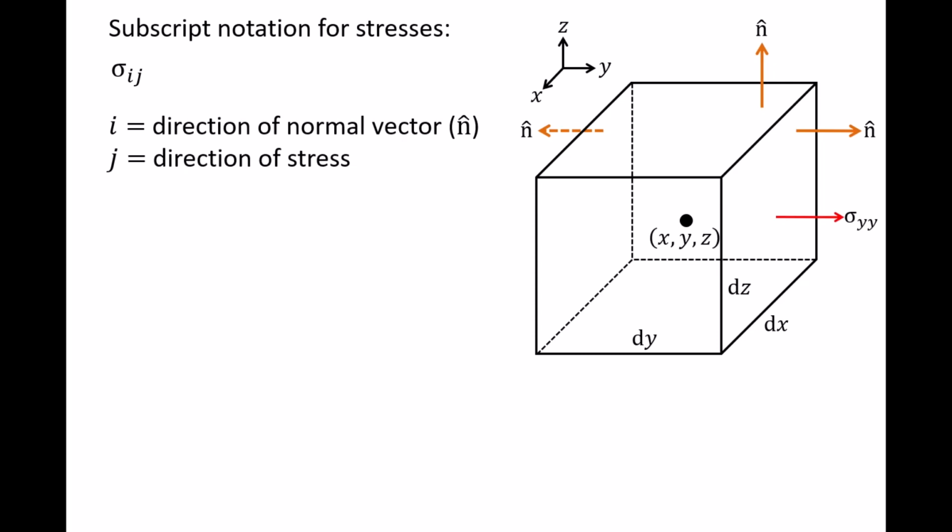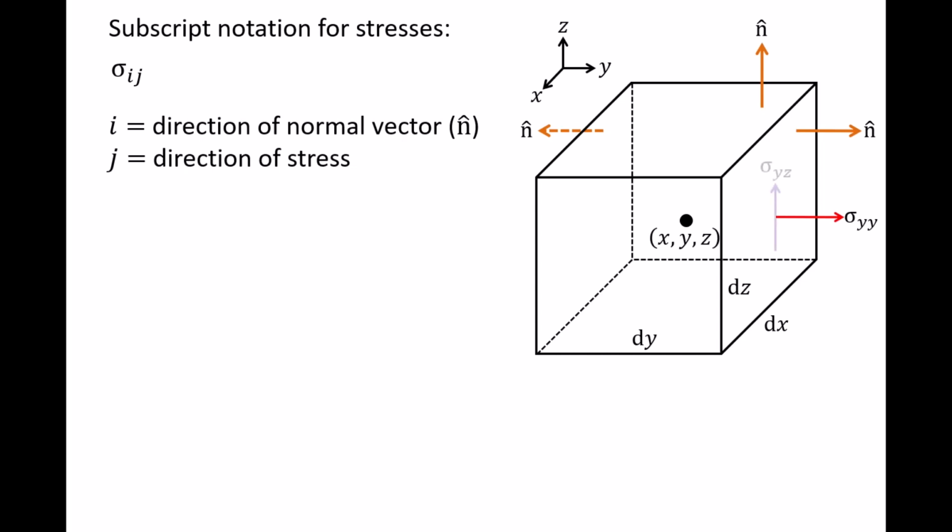Notice that the arrow representing sigma yy on the right surface was drawn pointing in the positive y direction. This is due to the convention that we will adopt for indicating the positive direction of each stress. If the surface's normal vector, n hat, points in the positive direction of coordinate i, the stress is considered positive in the positive direction of the coordinate j.